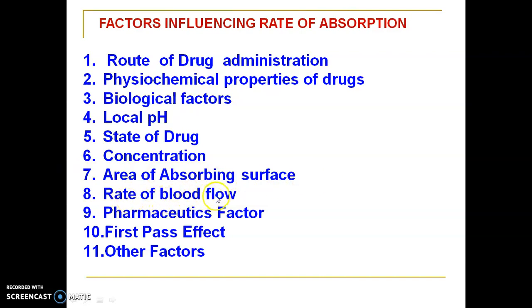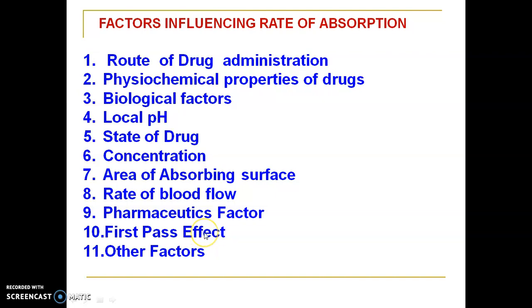In case of rate of blood flow, since the drug after absorption comes in the systemic circulation, more the blood flow, better will be the absorption. Pharmaceutic factors include the various formulation aspects. That means excipients which are present in the formulation affect the process of absorption. For example, in case of tablets, various excipients are used, including binder, disintegrating agents. So different excipients will affect the process of absorption.